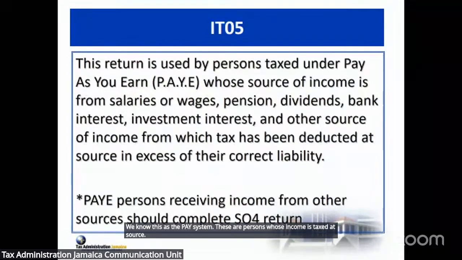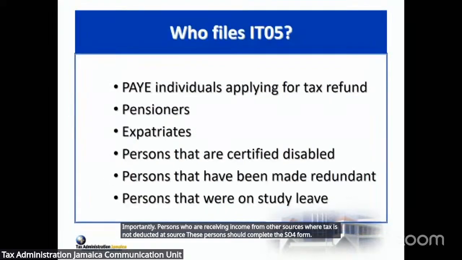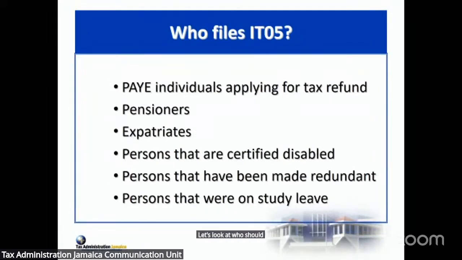Income such as salary, wages, pensions, dividends, bank interest, investment interest, and other source income from which tax has been deducted at source in excess of the correct liability. Importantly, persons who are receiving income from other sources where tax is not deducted at source should complete the SO4 form.